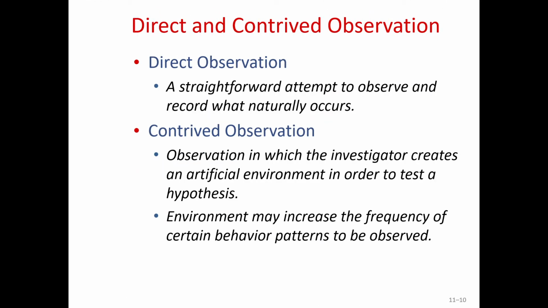Direct observation can produce a detailed record of what people actually do during a specific event. The observer plays a passive role, making no attempt to control or manipulate the situation, instead merely recording what is happening.